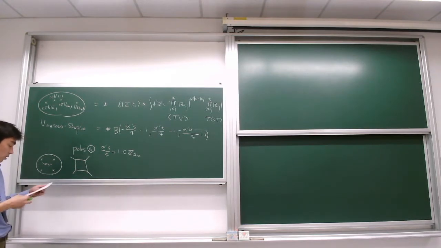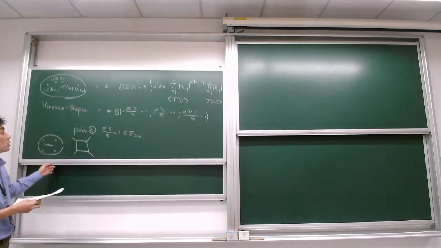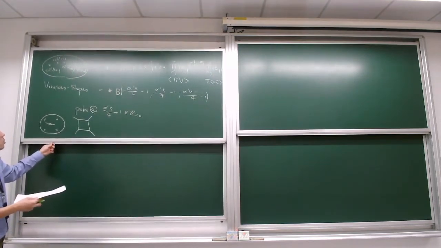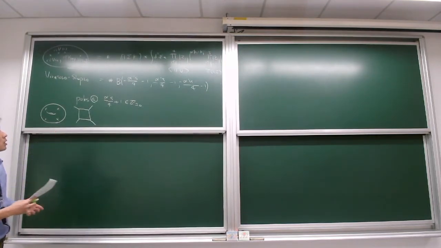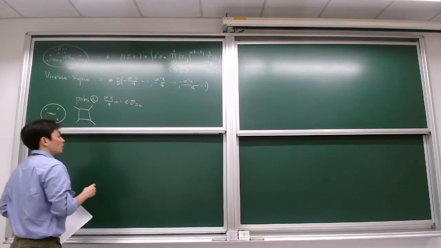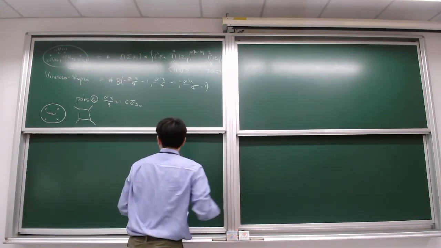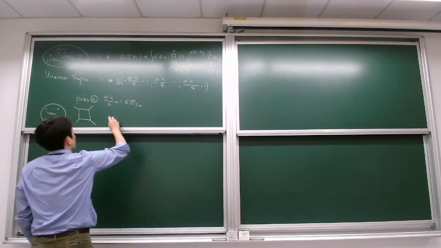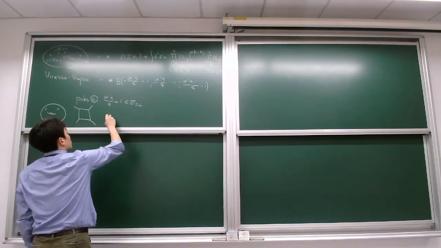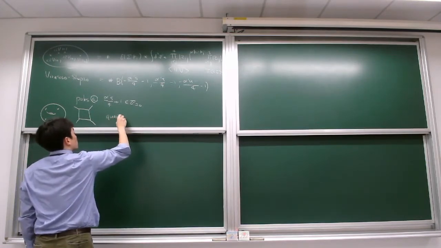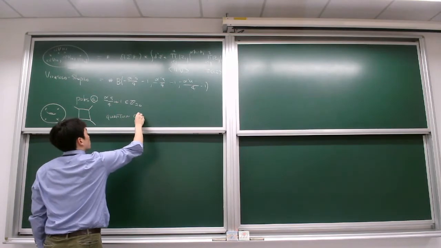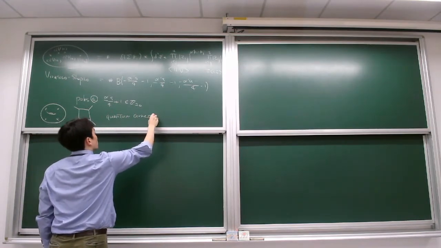So we will consider the amplitude on this, and this encodes the quantum correction and so on.